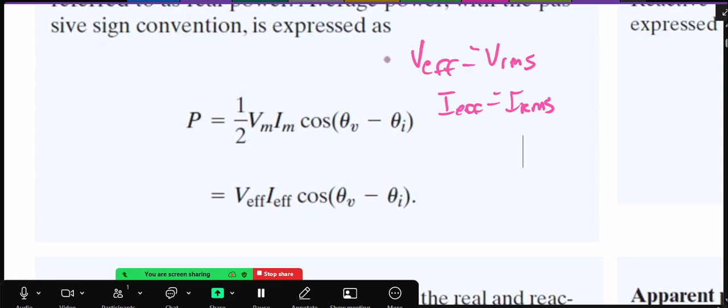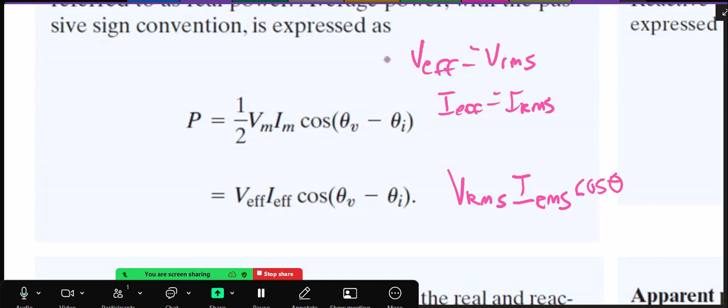So our real power is V RMS, I RMS. So these are magnitudes, not the complex values. They're just magnitudes times the cosine of theta.